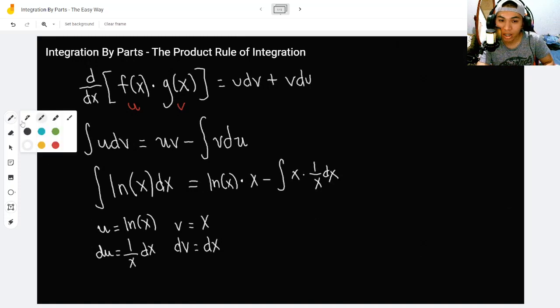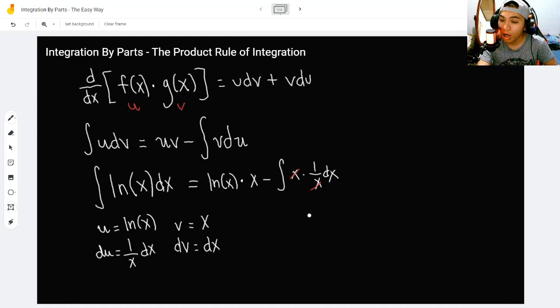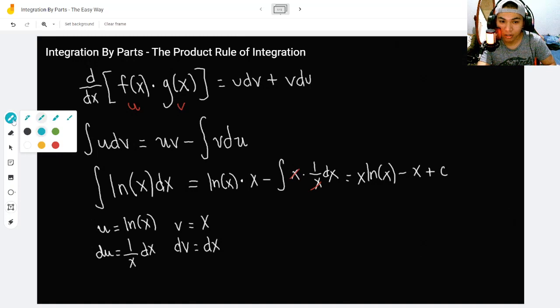And we can just cancel this x quite nicely, so that we are left with the integral of 1 dx. And the integral of 1 dx is simply x. So our answer would be x ln of x minus x. And of course, don't forget the plus C.